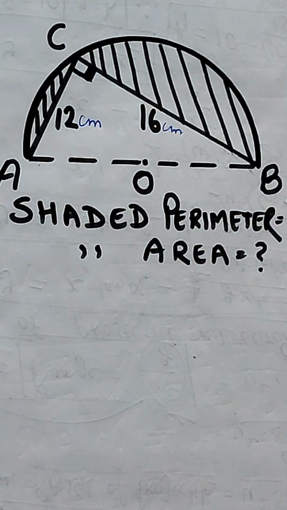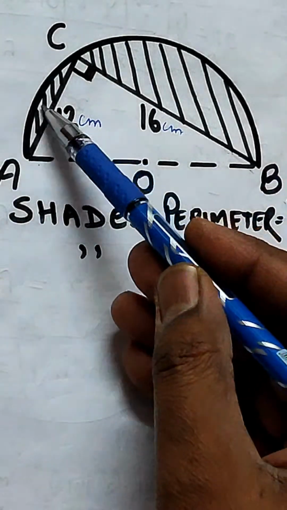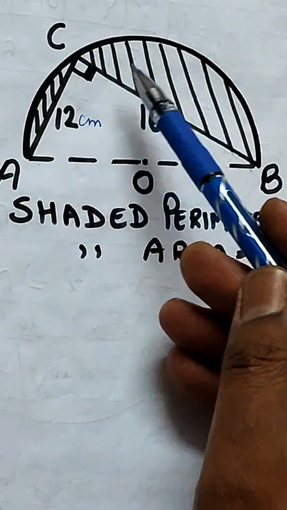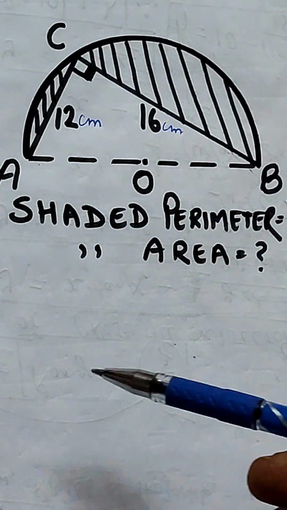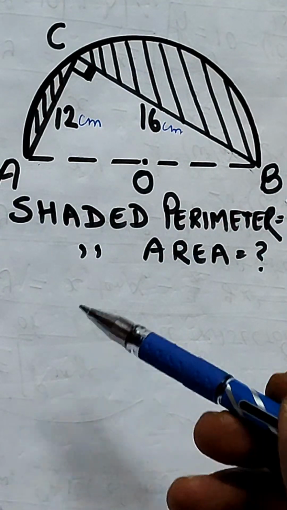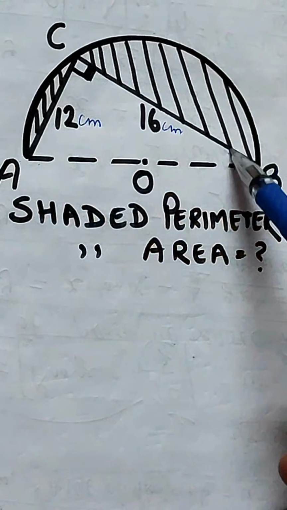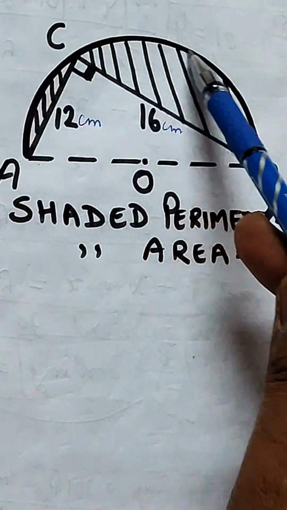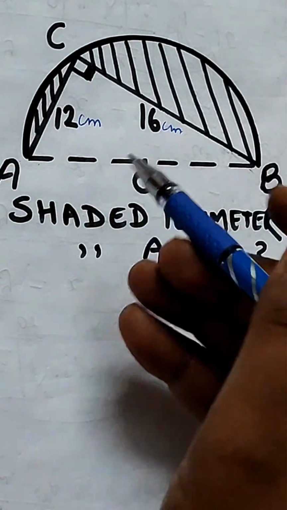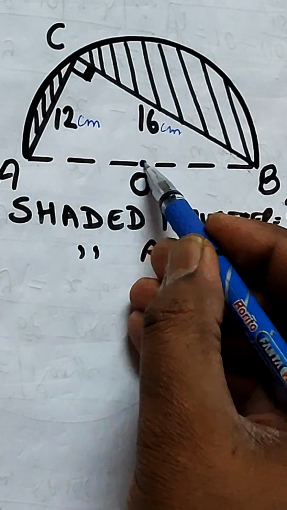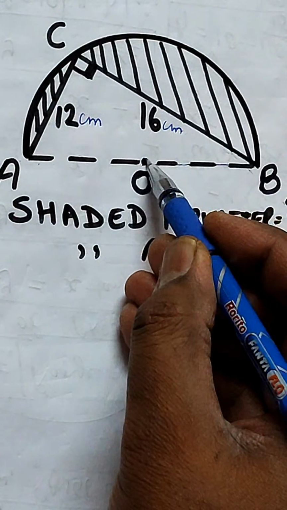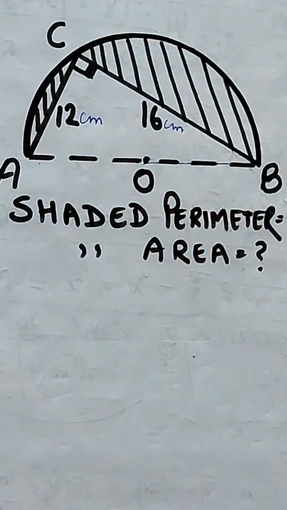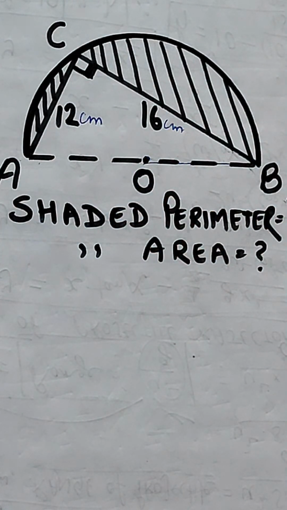So to calculate the shaded area, we need to understand that in this question, you can see this is a semicircle. If we know the radius of this semicircle, then we can calculate the area of this semicircle, because the area of a circle is pi r square.